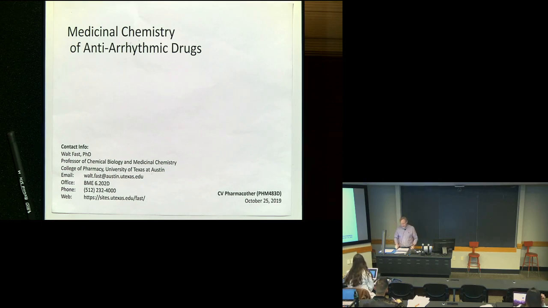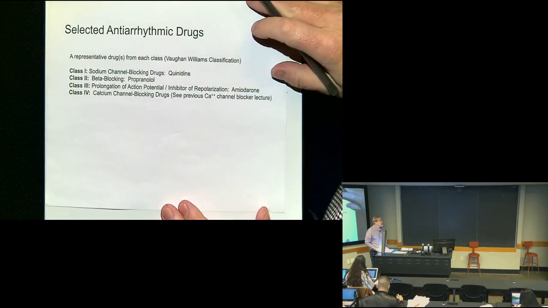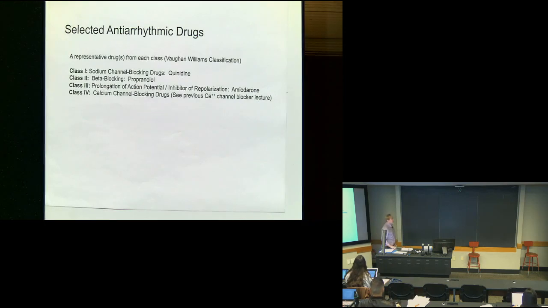How's that? All right. So today we're going to talk about the medchem of antiarrhythmic drugs. I'm going to try to keep it simple a little bit by focusing on one drug in each of these classes that Dr. Castleberry had talked to you about.